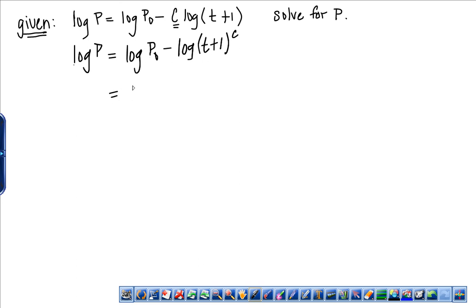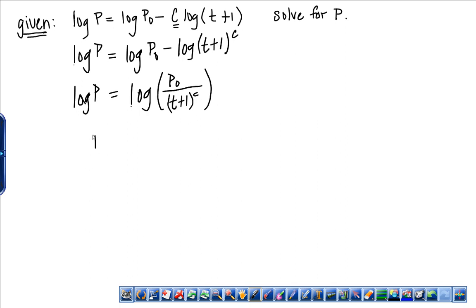It looks like I can now make one big log here. When you've got a subtraction, that means I've got a division sign. So p naught over t plus 1 raised to the c. And I've got a log over here. Remember, when you have a log on each side, you can basically drop those.